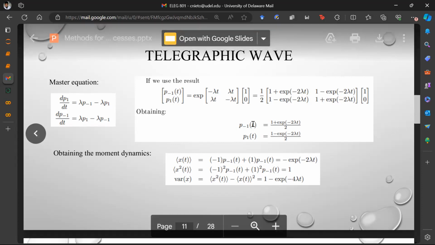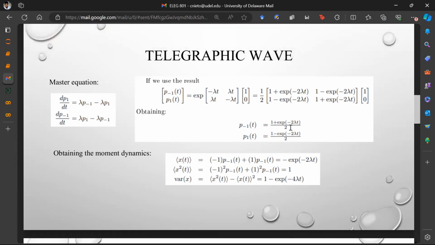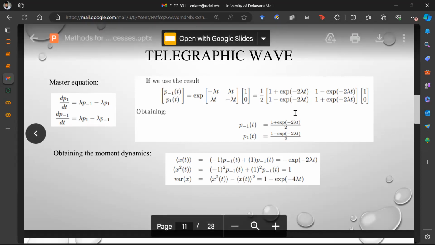From these, you can obtain that the probability of being in 0, or the lower state, is (1 plus exponential of this) over 2, and the probability of being in 1 is (1 minus exponential) over 2. Okay, so the steady state, I mean, the limit of t going to infinity, is 1 over 2, and the probability of being in state 0 or -1 in this case is 1 over 2 as well. Is that the limit t going to infinity, no?